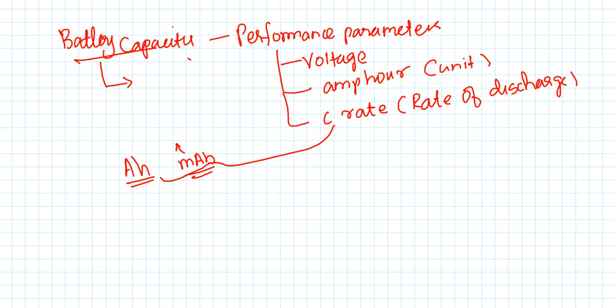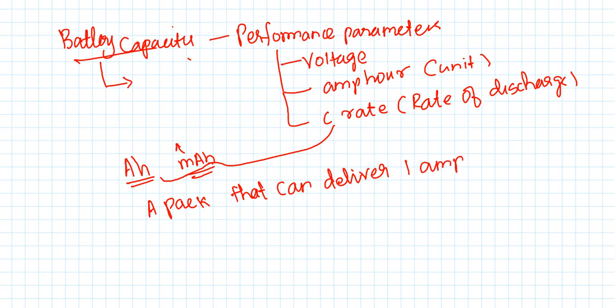How do we define ampere hour? Ampere hour means a pack that can deliver 1 amp for 1 hour. For example, I connect this battery to a motor.